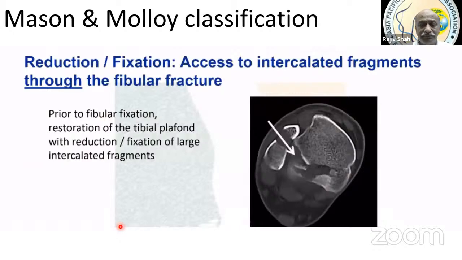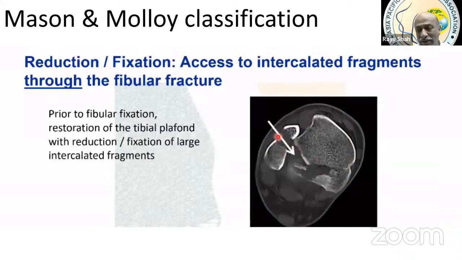Now this is Masson's classification, which described how to access the intercalated fragment. They said that intercalated fragments are to be accessed through the fibula prior to fibular fixation, restoring the tibial plafond with reduction or fixation of the large intercalated fragment.